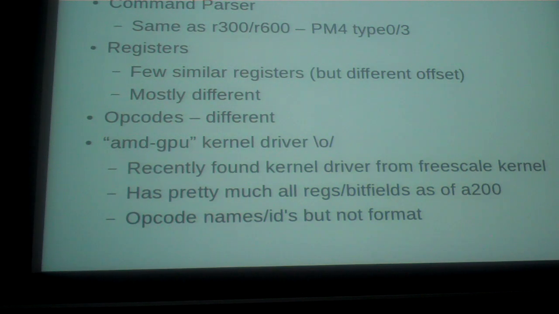Eventually, after I had the rotating cat thing working, it was October timeframe or something like that, or September, a little bit earlier, I found an older version of the Freedreno kernel driver, which had a lot more register and bit fields in it, and also a description of what the instruction set instructions were, which was pretty useful.